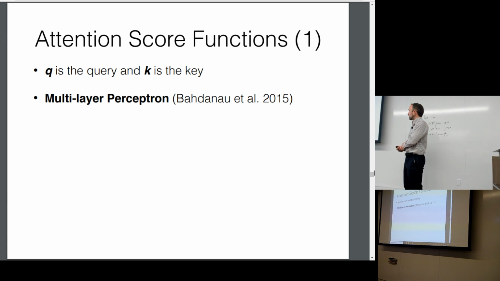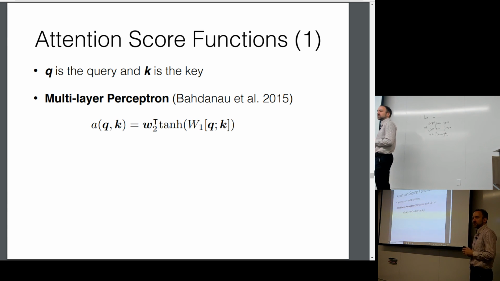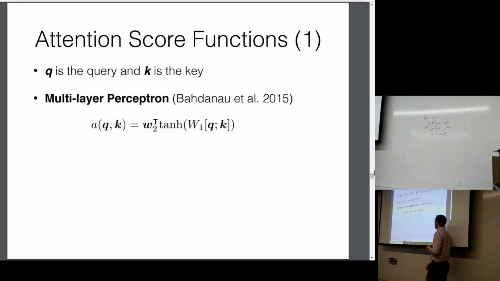So if Q is the query and K is the key, basically we want some way to say whether these correspond to each other well. One way is using a multi-layer perceptron. As you know from this class, I'm sure multi-layer perceptrons can model anything, so this is a good first way to start modeling your attention.